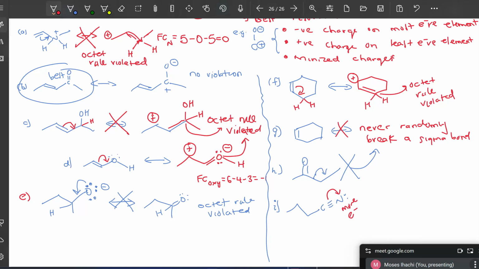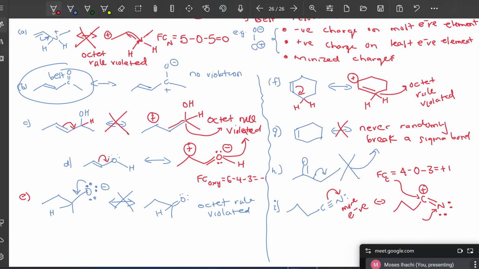And then for this one, do we have to calculate formal charge? Yes. So you'll have 2 lone pairs there. This one is 1 bond less. It's just going to be a positive. The formal charge of the carbon will be 4 minus no dots minus 3 lines. It's a plus 1.